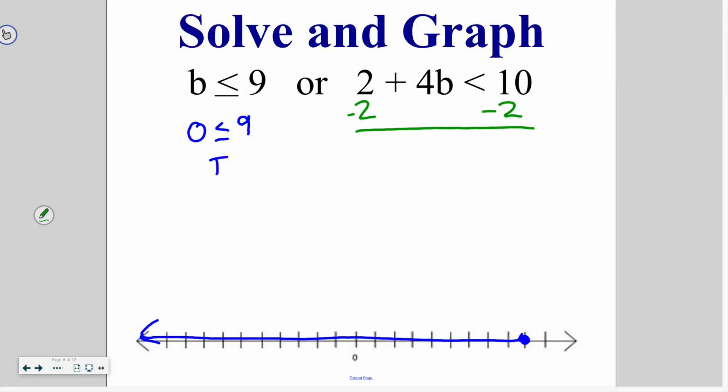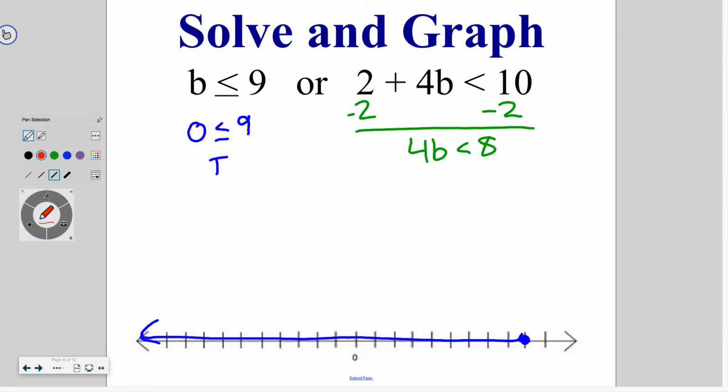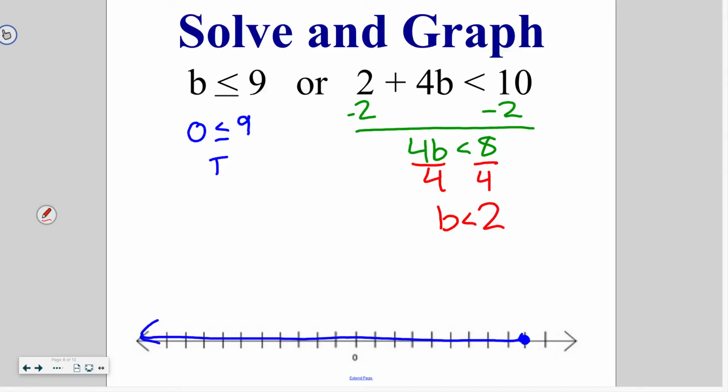So I subtracted 2 and I get 4b is less than 8. Dividing both sides by 4, I end up with b is less than 2. So I'm going to put my circle at 2. Test 0. 0 is less than 2. And that is also moving to the left.